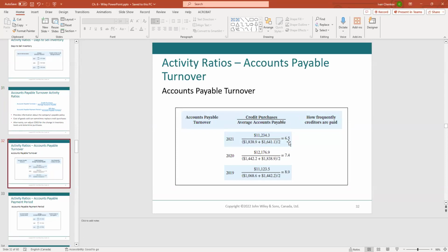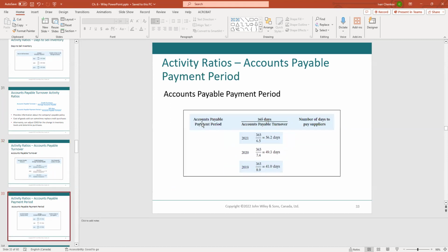Now before we say it's bad, let's think about something else. Obviously, our accounts payable payment period, now in days, is going to increase. From 41 days, we can now be paying in 56 days.